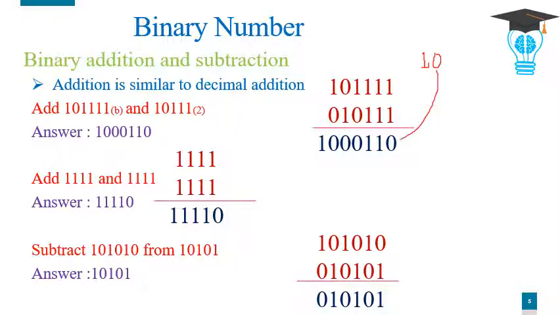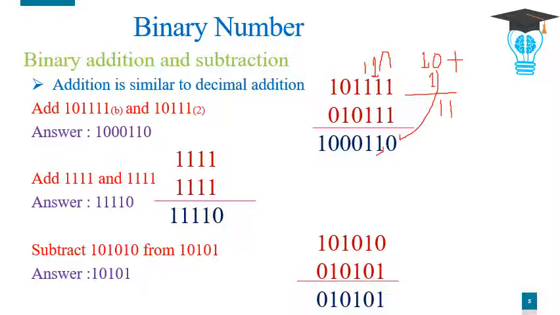So this 0 will be written here, and 1 is taken as a carry to the next bit. So next bit addition will be 1 plus 1. 1 plus 1 is 2, which is 10, plus 1. Again I should add 1 to this. And final answer will be 11. So I'm left with 1, and again a carry to the next bit will be 1.